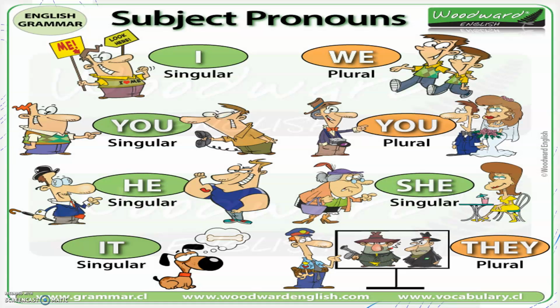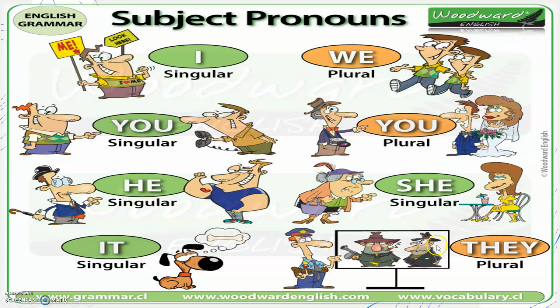For example, right now I'm talking to you, I'm talking to the people who are watching this video. So I can use you for just one person or for two or more people.